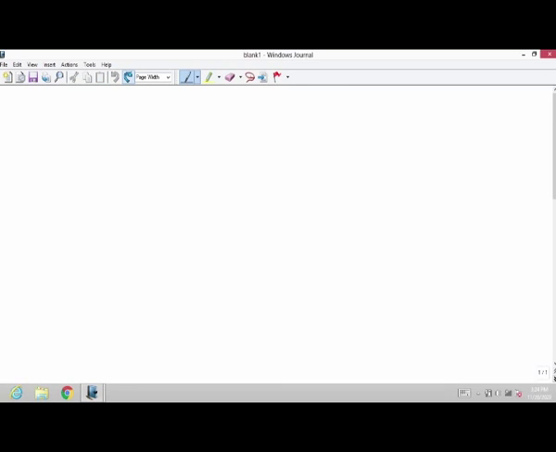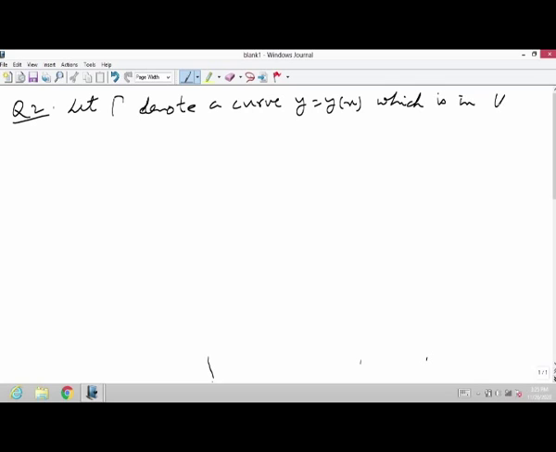Okay, now let us move to question number 2. Question 2 says that let gamma denote a curve y equal to y(x), which is in the first quadrant, and let the point 1 comma 0 lie on it.